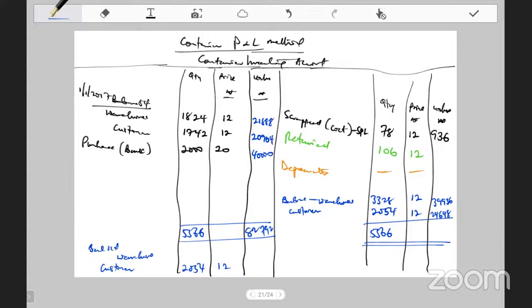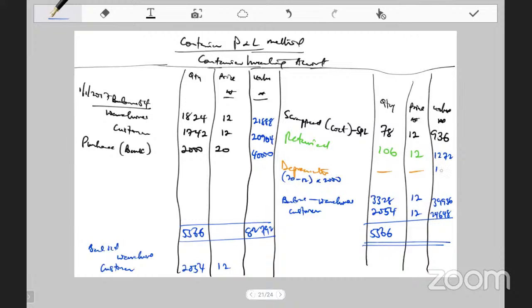Okay, what's now the balancing figure? 106 times 12. That is 1272. Look for the balancing figure here. That balancing figure is our depreciation, which we can also calculate: 20 minus 12 times 2,000.